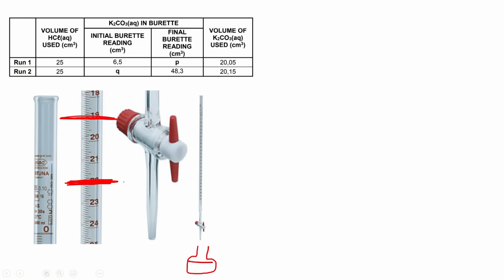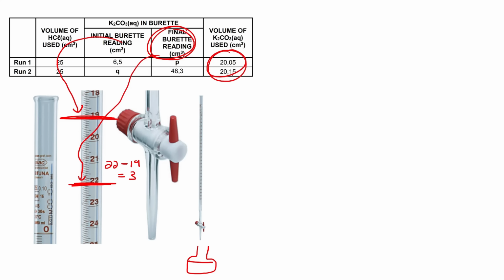So what you could do is say, 22 minus 19, that would give me 3, and that would tell you how much volume you added into this flask. That is exactly what they're doing here. This one here is the 19. This one here is the 22. And this one here is what you get when you subtract them.